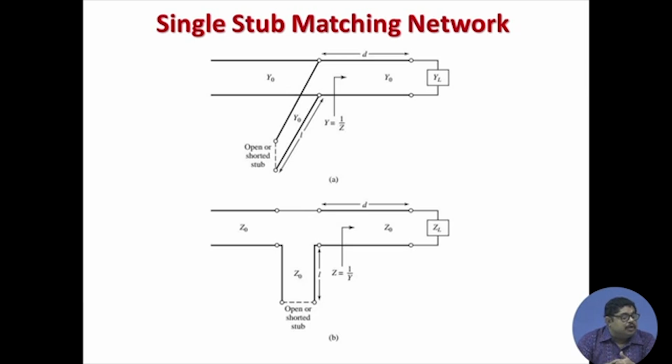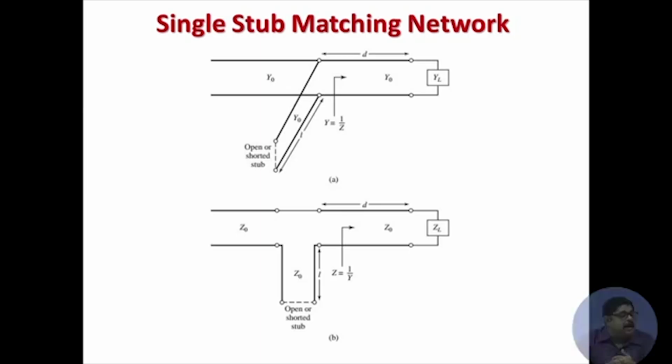In case of a shunt stub, generally we carry out the analysis in the admittance plane. The load admittance, after coming through the transmission line, becomes a new admittance which we call Y, and then you add the shunt stub admittance to that.